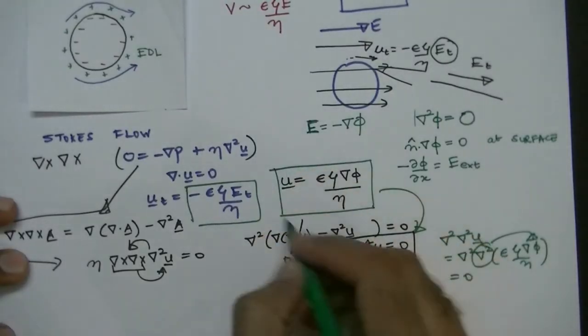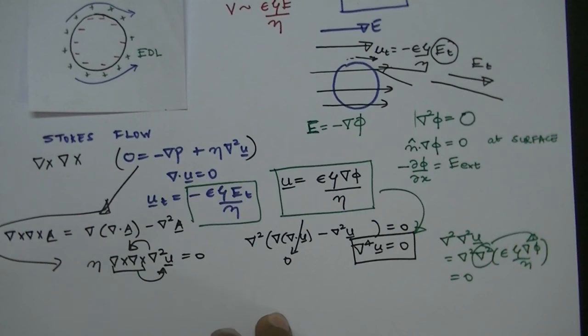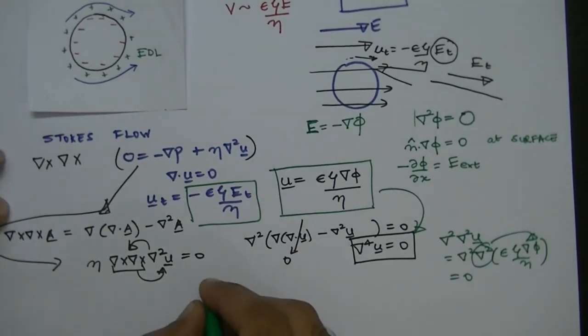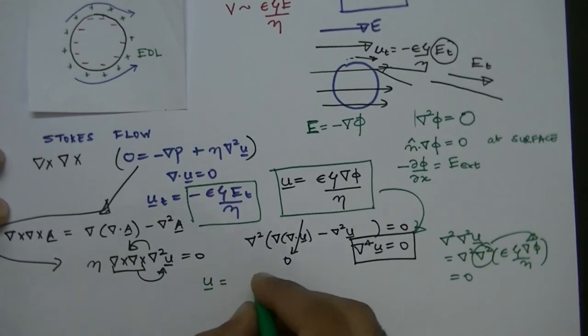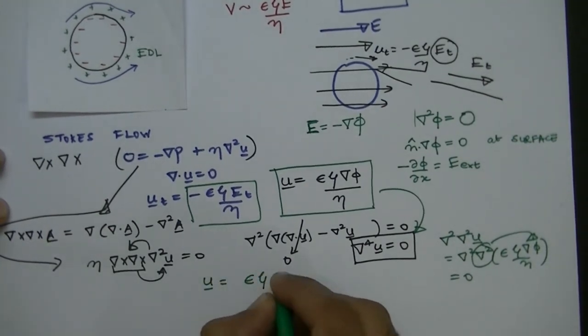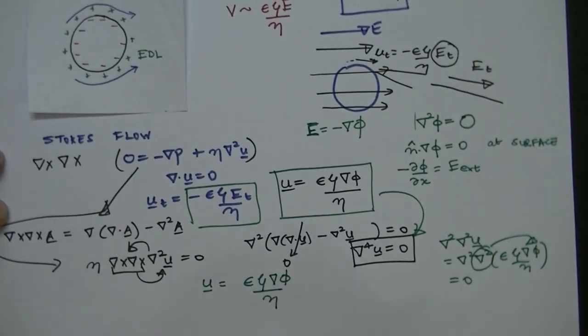So we have actually obtained the exact solution. So the flow velocity now is given by epsilon zeta gradient phi over eta, and that is the exact solution to this problem.